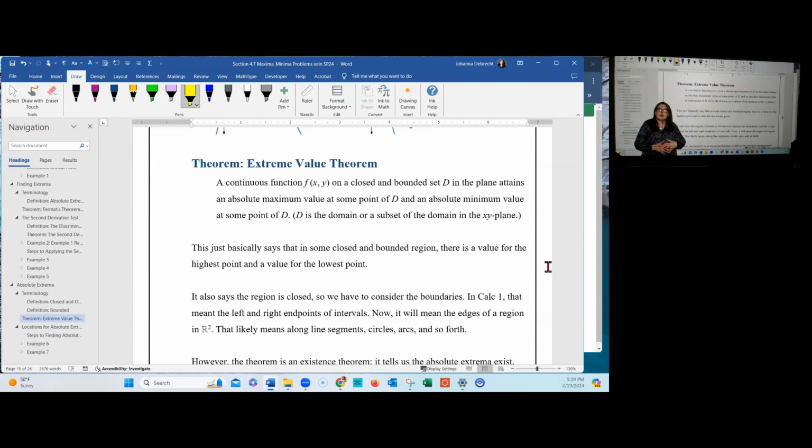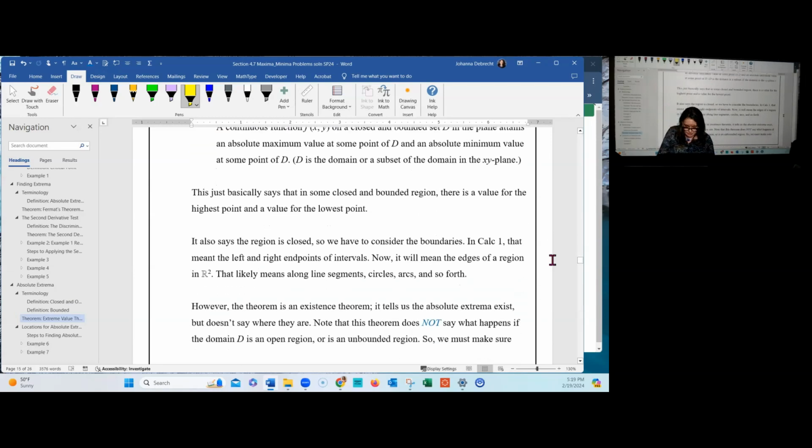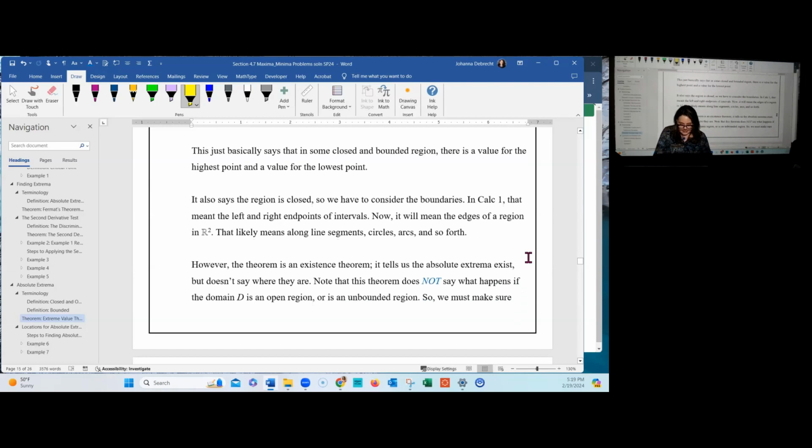Now, D could be the domain of the function, but more likely it's a subset of the domain of the function in the xy plane. In other words, we're guaranteed to have a highest point and a lowest point if our region is both closed and bounded. Unfortunately, this is an existence theorem.